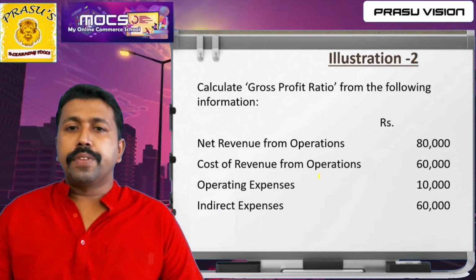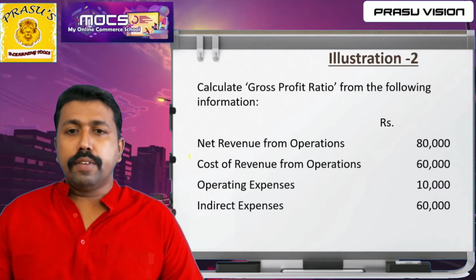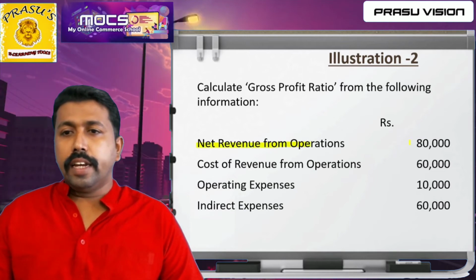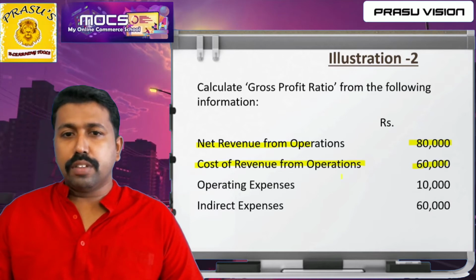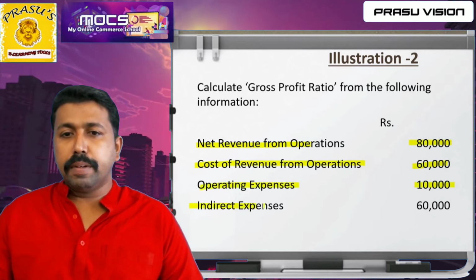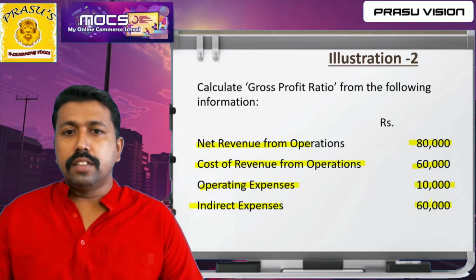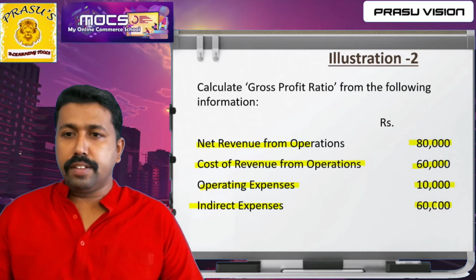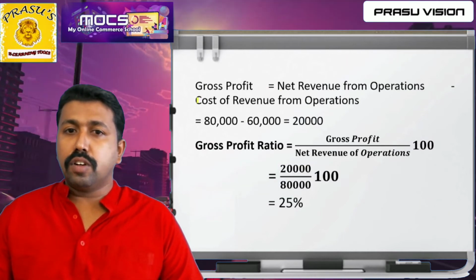Another problem. Here also we have to calculate the gross profit ratio. Net revenue from operation is 80,000. Cost of revenue from operation is 60,000. Operating expenses are 10,000. Indirect expenses are 60,000. Actually we have to find the value of gross profit first by comparing the revenue from operation and the cost of revenue.